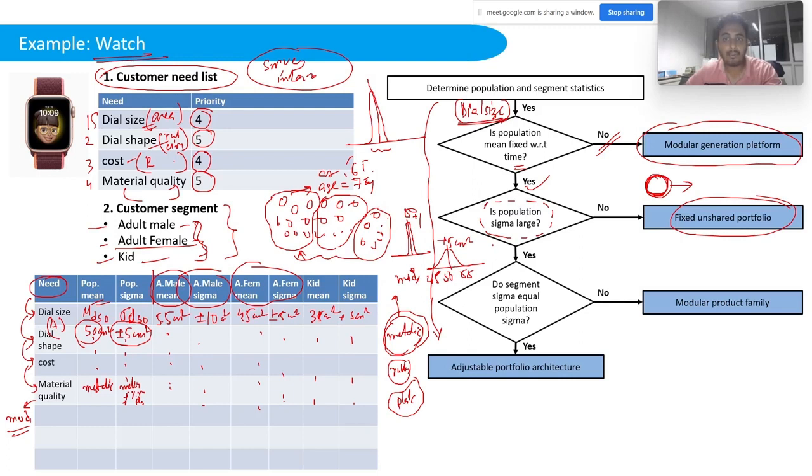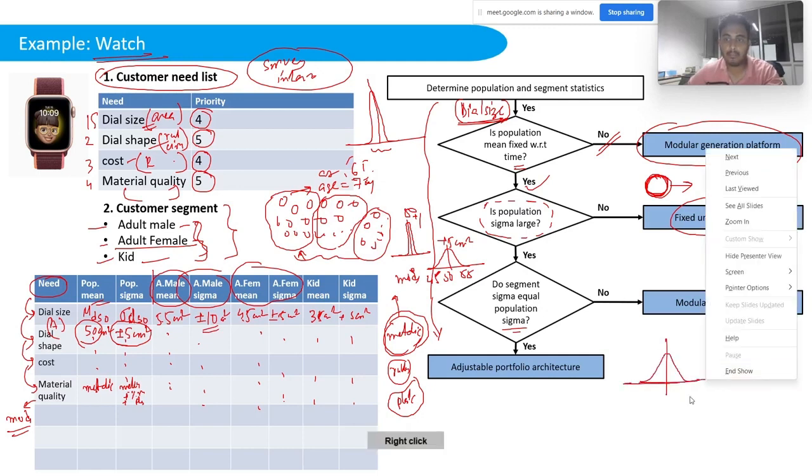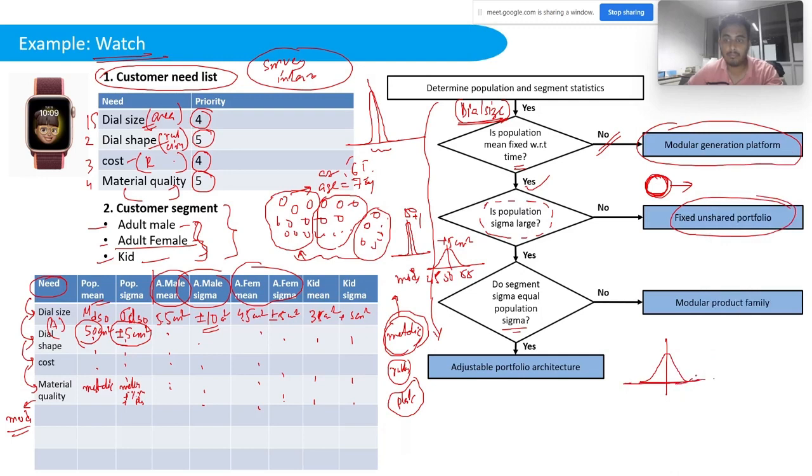Then if population sigma is a bit large, this is like 5 variation, let's see the next: does the segment sigma equal the population sigma? Here, first for male, you say male has a greater sigma. This is your population. Now male mu is more and also it is broader.